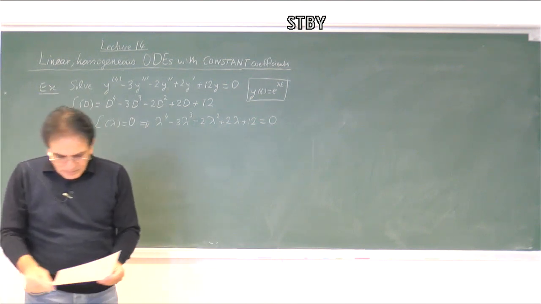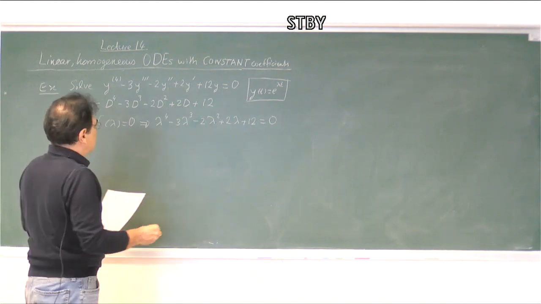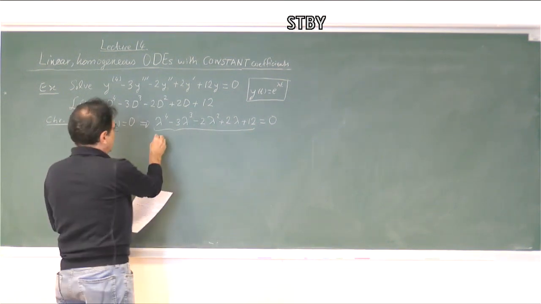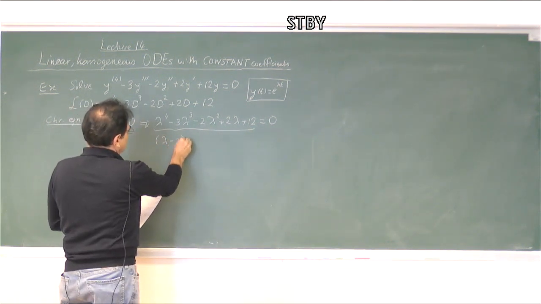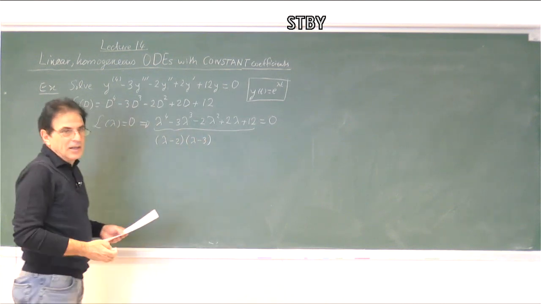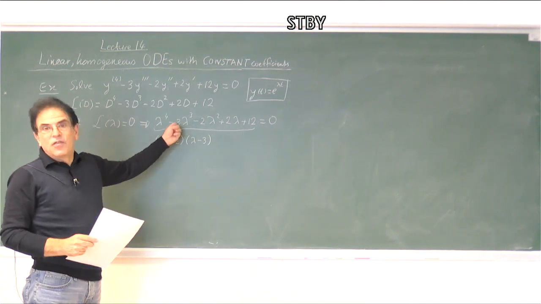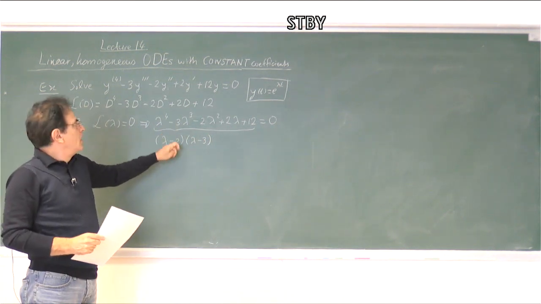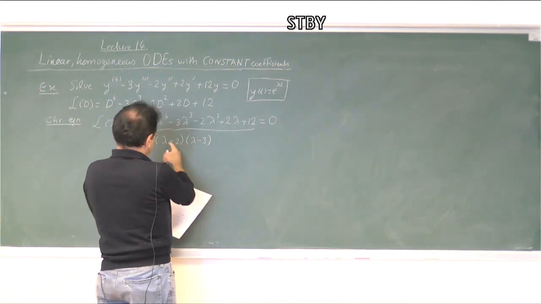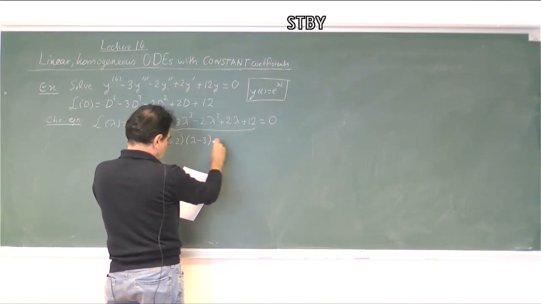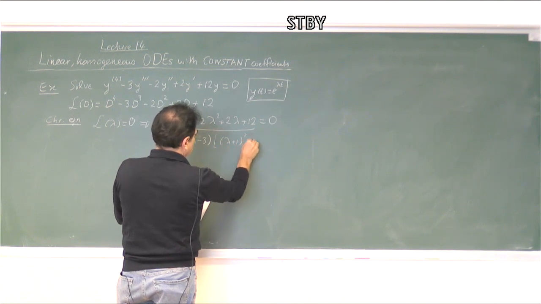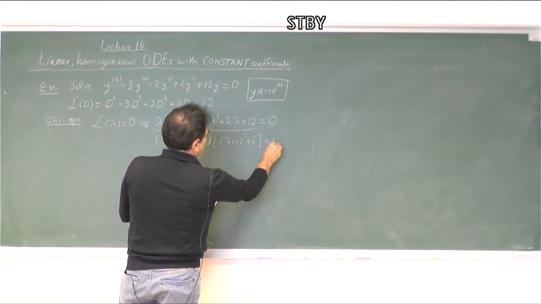So the factorized form of the characteristic polynomial may be given, like lambda minus 2, lambda minus 3, and (lambda plus 1)^2 plus 1 is 0.